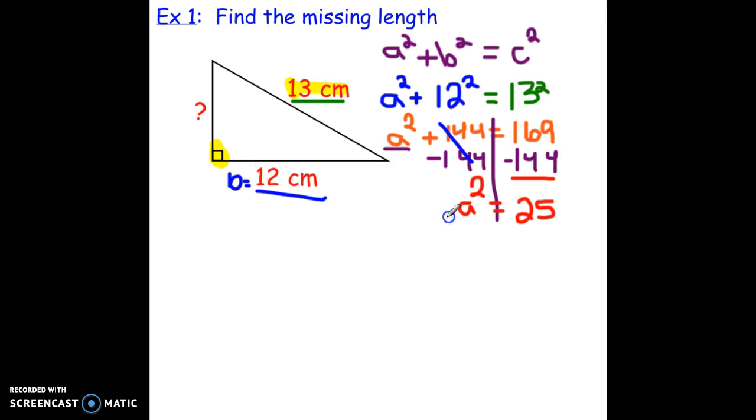So I'm going to need to take the square root of each side. Square root of a squared is a. Square root of 25 is plus or minus 5, but again, just like yesterday, we're only concerned with the positive value because it doesn't make sense to have a negative side length to our triangle. So it's going to be 5 centimeters.